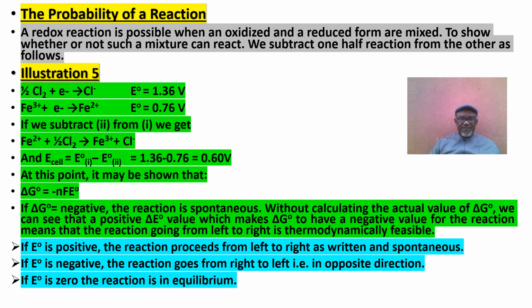So we can see that when the delta G naught is negative, the reaction is spontaneous. Without calculating the actual values of delta G, we can see that a positive E naught will give a negative delta G naught. And that means the reaction will be spontaneous. So we'll see how we can use E naught and delta G naught to predict the probability of a reaction.